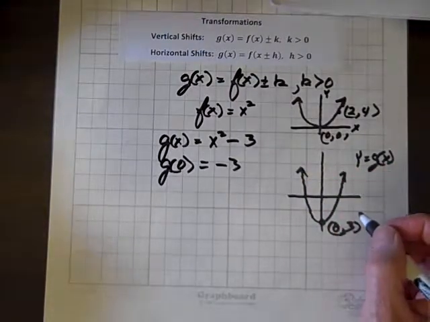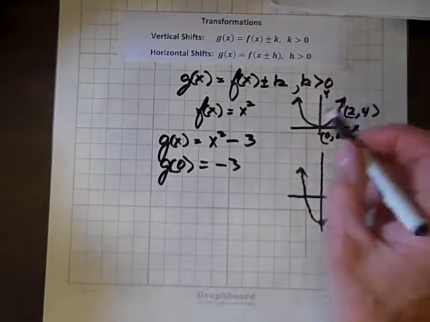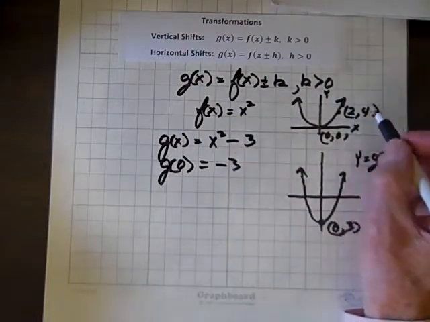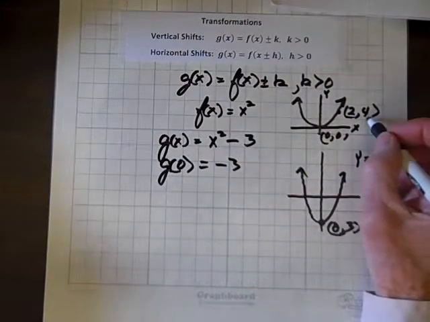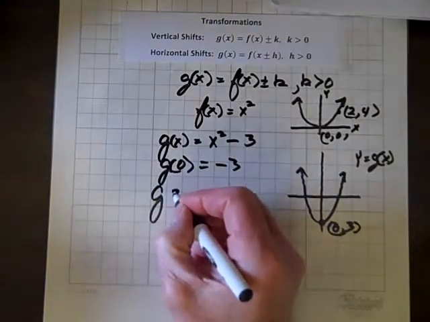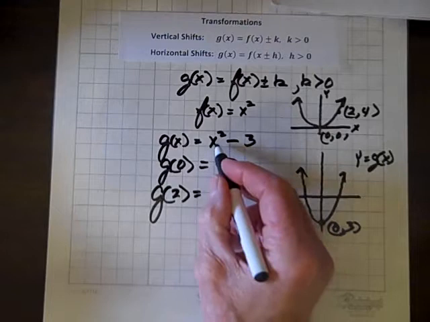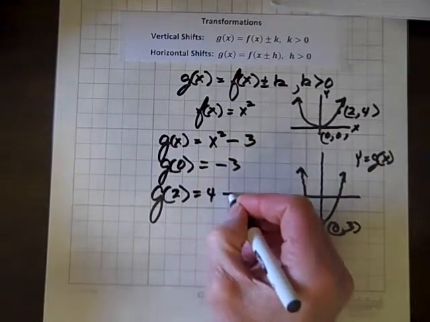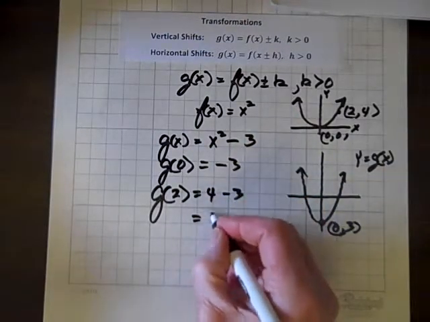And let's see, when we evaluated f of x for 2, the corresponding value was 4. So let's evaluate g of 2. And when you square 2, you get 4 minus 3 equals 1.